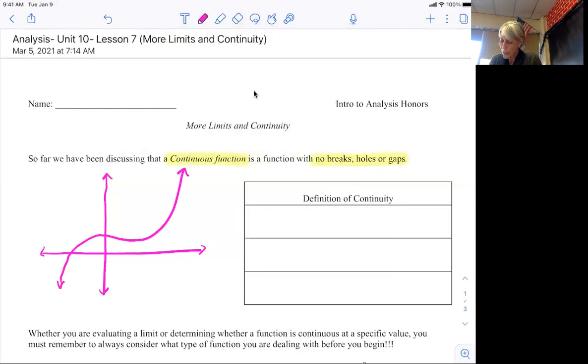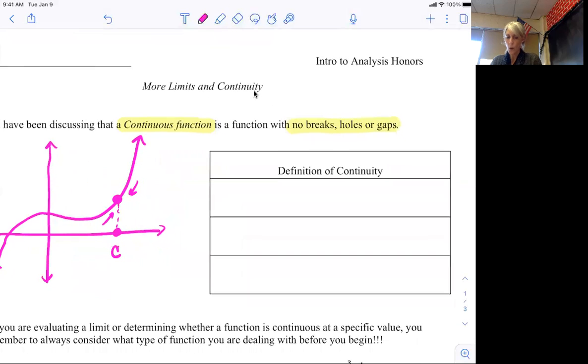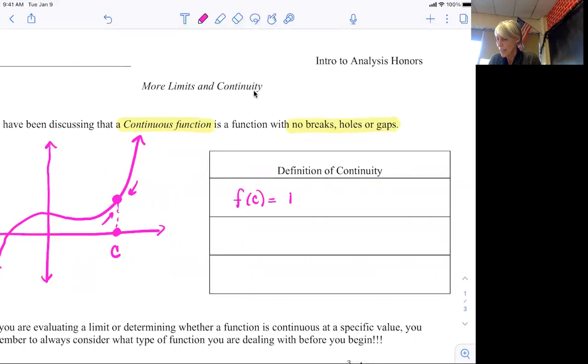Specifically, when we want to see if a function is continuous at some value c, we want to make sure that the function value and the limit are the same number. So by our definition of continuity, that means when we plug in some number, we get an answer.